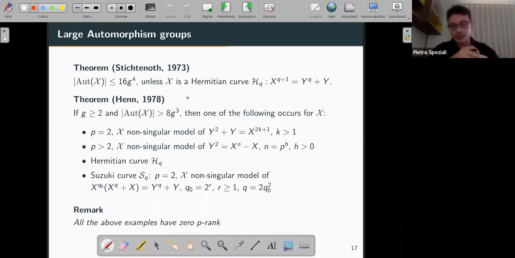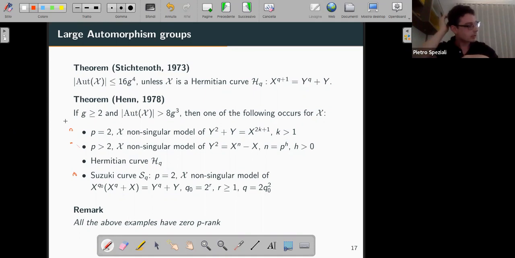So we have the Hermitian curve, the Suzuki curve in characteristic 2, and these two hyperelliptic curves, usually called Roquette curves, one in characteristic 2 and the other in characteristic bigger than 2. And all these examples have p-rank 0. So this tells you why the problem above arose and how it arose.